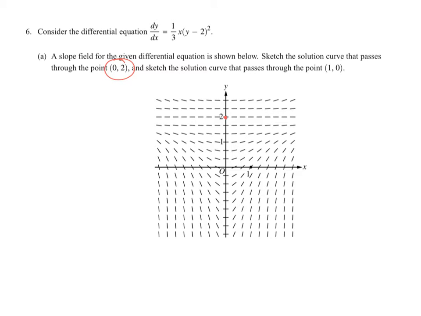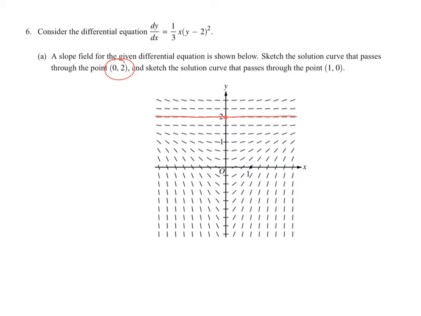What you need to make sure that you do is draw your line all the way to the edge of the graph, because they only award a point for this if your drawing goes all the way to the edges of the field. So you have to fill whatever field that they give you. So that's for the point 0, 2.